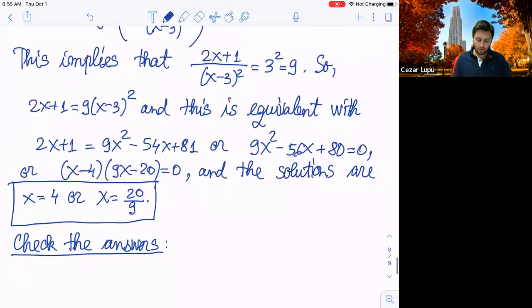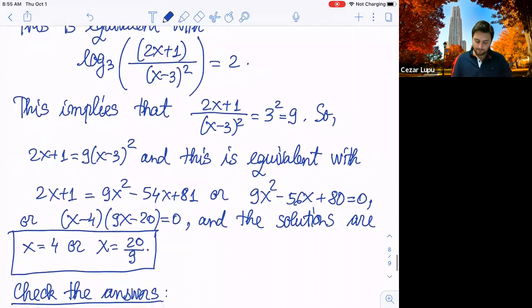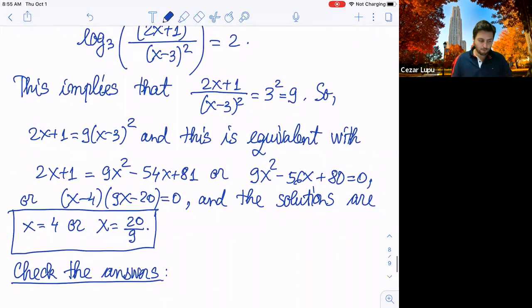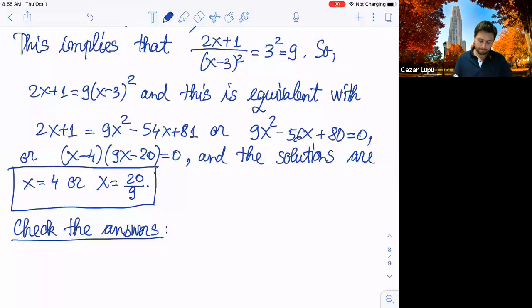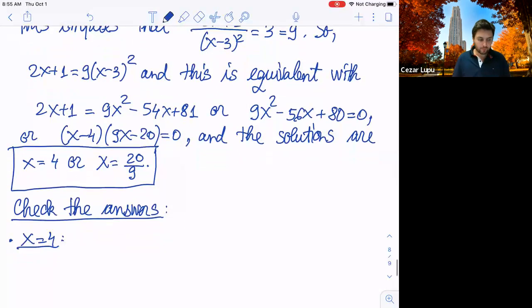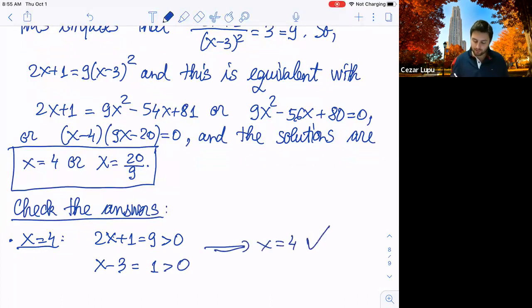So for x equals 4, let's see what happens here. We'll have that 2x plus 1 equals 9, which is positive, and we also have that x minus 3 equals 1, which is positive indeed. So x equals 4 is good. So it is a solution.